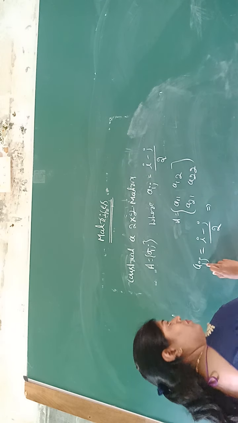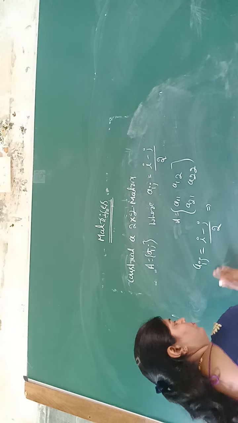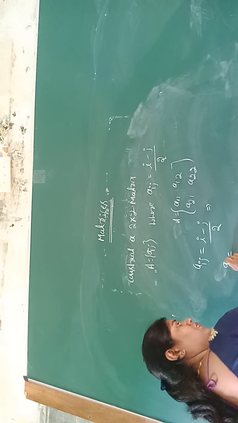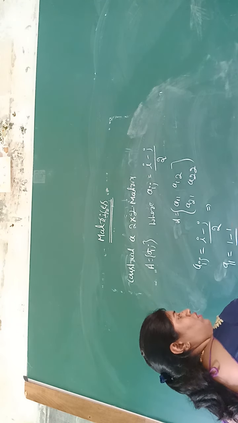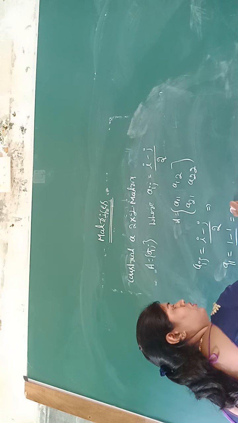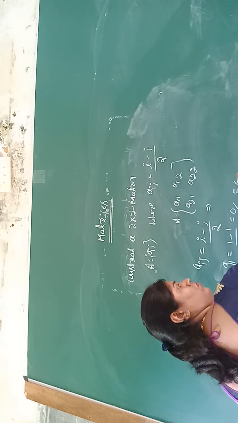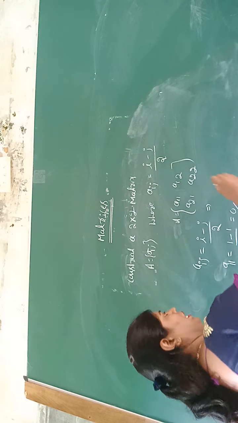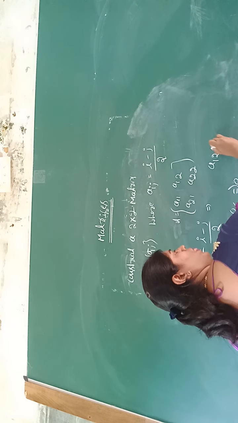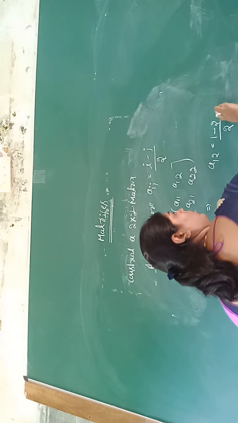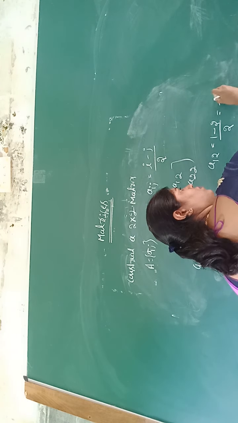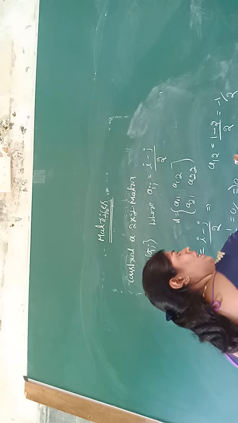What is A11? i is 1, j is 1. 1 minus 1 divided by 2, which is 0 by 2, which is equals to 0. Similarly, A12, i is 1, j is 2. So 1 minus 2 is minus 1 divided by 2.